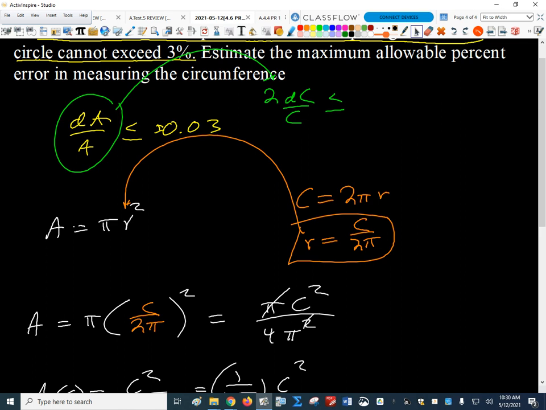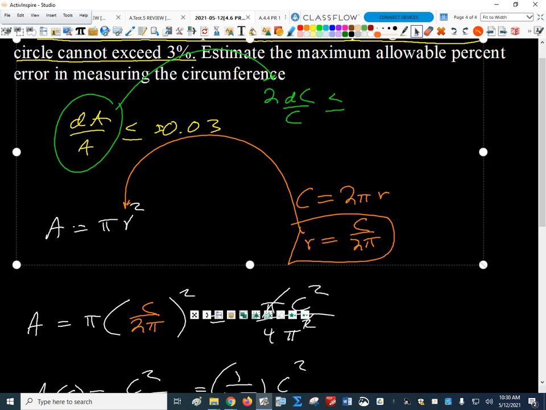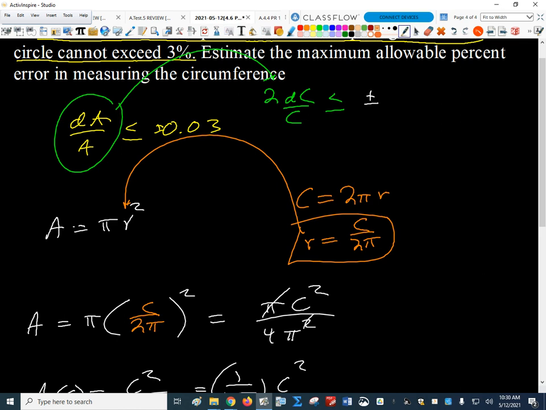Is less than or equal to plus or minus 0.03. Well, what's the only thing I have to do? Divide each side through by 2, right? And I end up with dc over c is less than or equal to plus or minus 0.015 if I divide by 2.